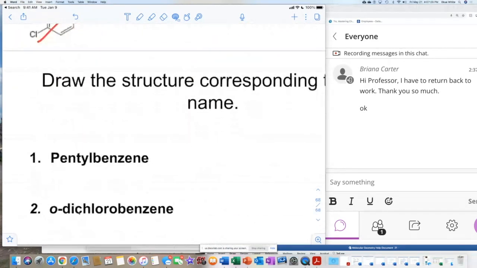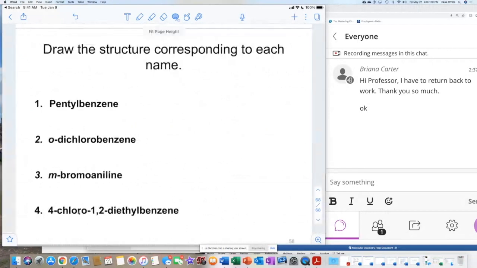So we're moving on and we see draw the structure. Let me see. Okay, I'm going to pick this, and this. Pentylbenzene, that's straightforward, right?